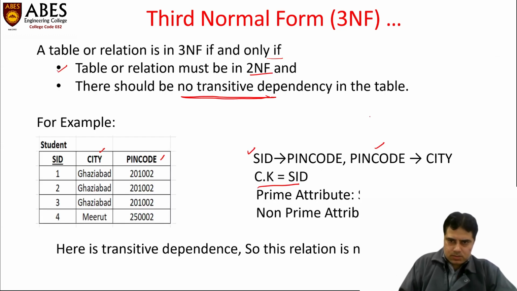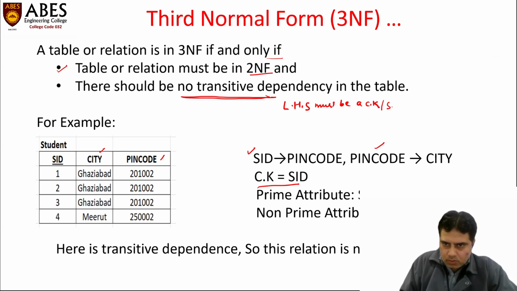Let us understand this concept with a trick: the left hand side must be a candidate key or super key. Super key is a superset of a candidate key. Or the right hand side must be a prime attribute.